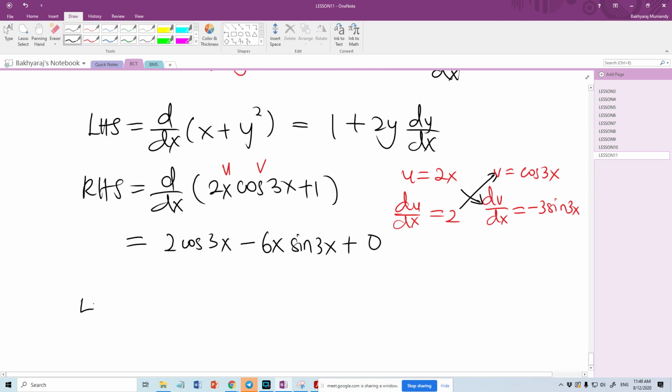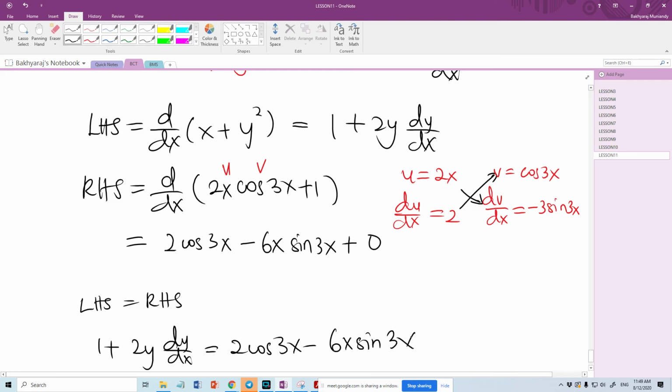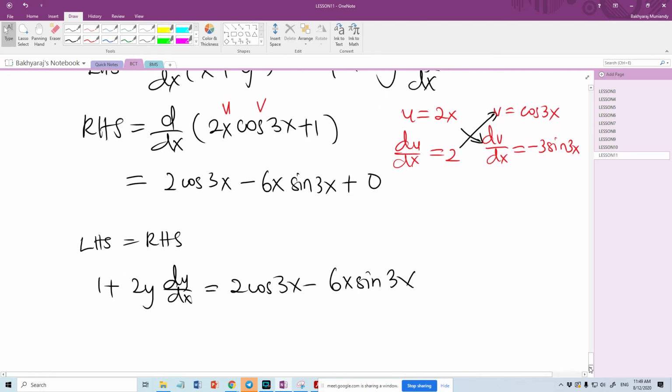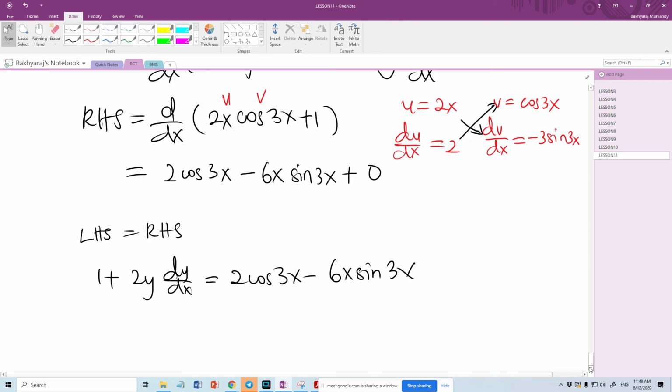Okay, so left side equal right side. So 1 plus 2y dy dx will be equal to 2 cos 3x minus 6x sin 3x. And I need to get dy dx. So 2y dy dx will be equal to 2 cos 3x minus 6x sin 3x, and plus 1 becomes minus 1, and divided by 2y.